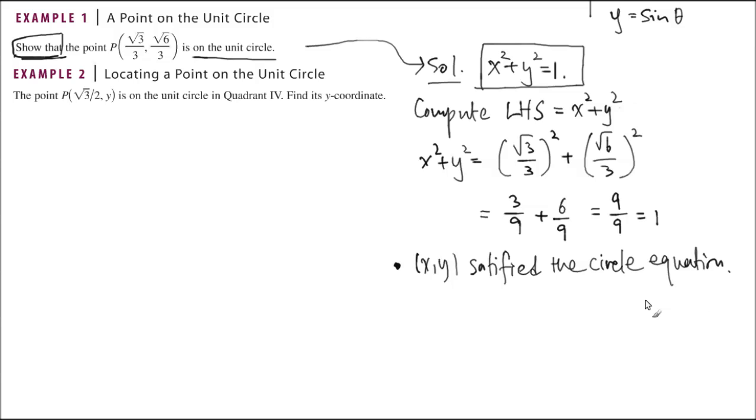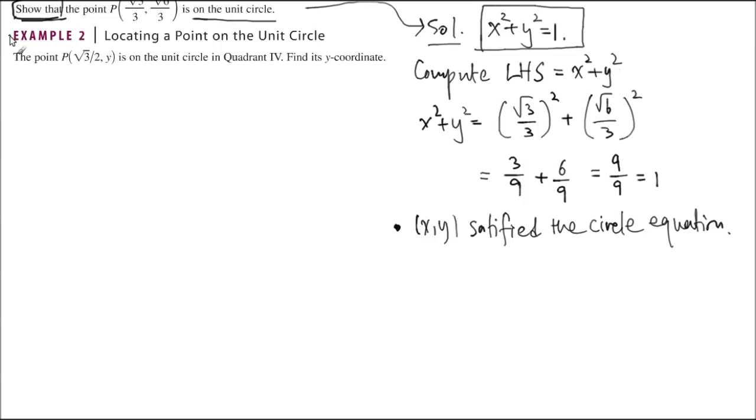We didn't just write equals 1. That would be a correct statement, but that's not a good proof, right? You have to show me that. It doesn't matter how silly this one is, you have to show me this computation to get 1. If it is not 1, then you conclude it's a little bit off and not on the circle.